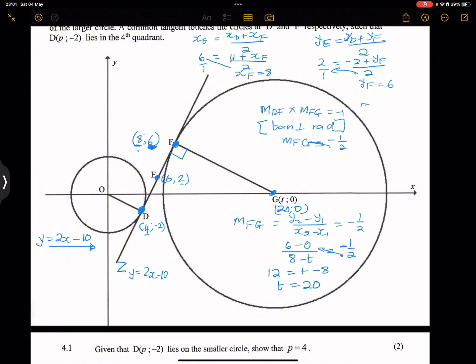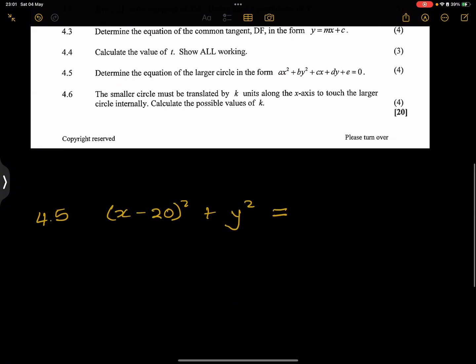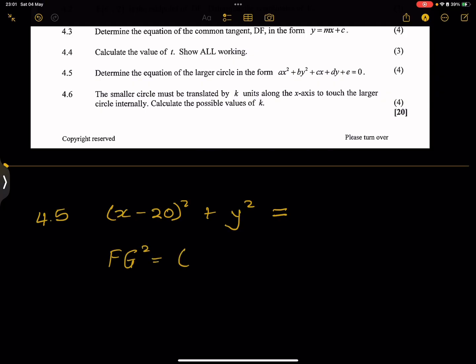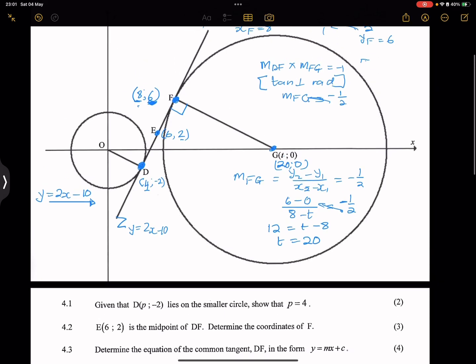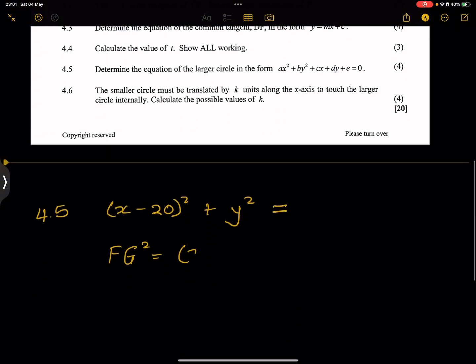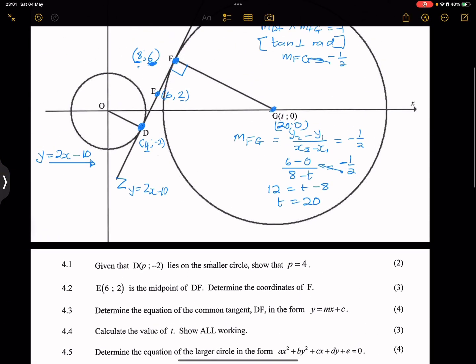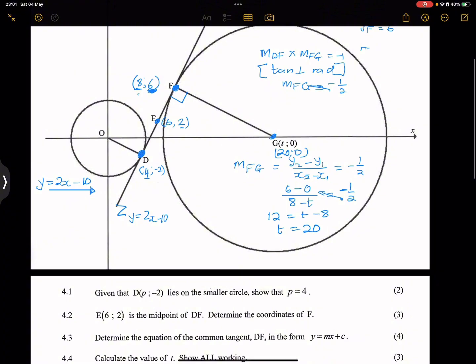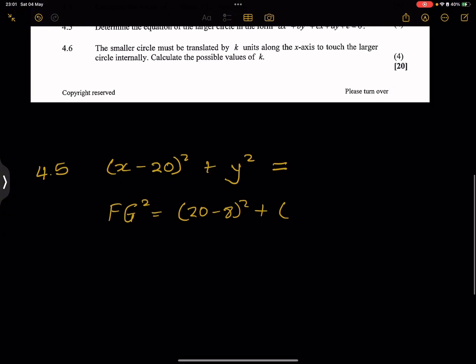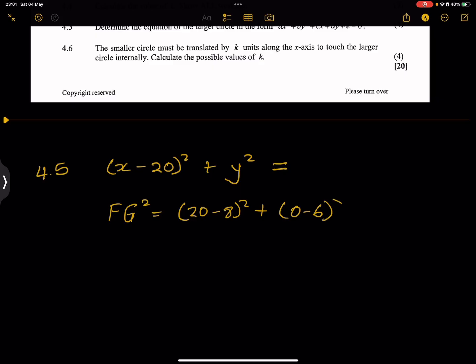Well, we can do that with ease. We know that FG squared would be equal to x2 minus x1. So that would be 20 minus 8 squared plus y, so our y is 0, so that's 0 minus 6 squared.